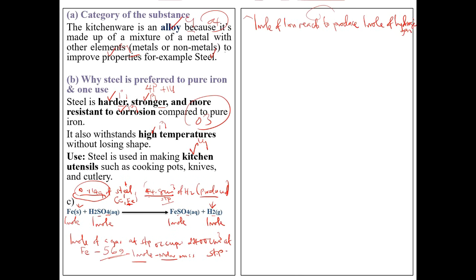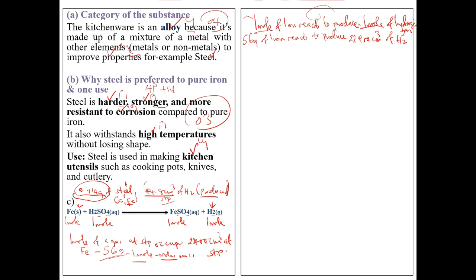Now, but we know that 1 mole of iron weighs its mass. So its mass is 56. So we say 56 grams of iron reacts to produce 1 mole of a gas. We already saw that it weighs 22400 cubic centimeters of hydrogen.